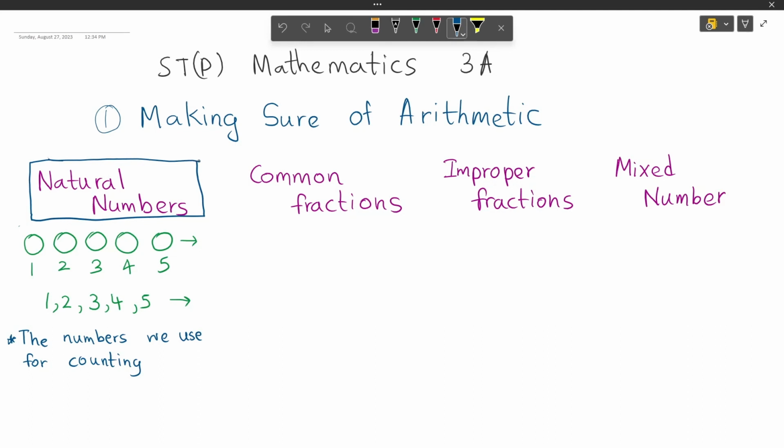Then we can take common fractions. We have seen things like this. Fractions, you know fractions, right? We have seen 1 over 2, 3 over 4, like that. This is half, this is 3 quarters, 3 over 2, 5 over 2.